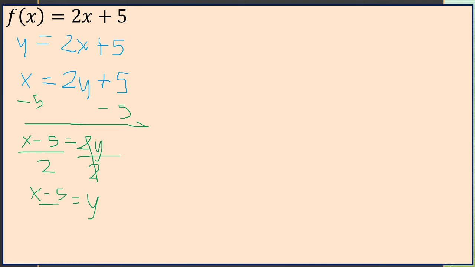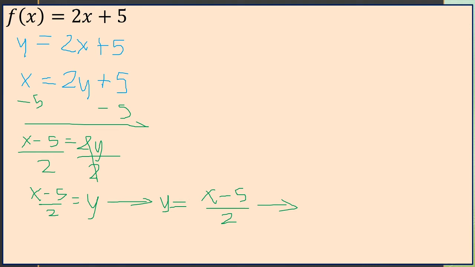Since hindi kagandahan tingnan yung ganitong result, kailangan natin i-apply yung symmetry property. So we have y is equal to x minus 5, ayusin lang natin, over 2. So therefore, the inverse of this f of x equals 2x plus 5, dapat yung final result natin is nakaganito po. Kailangan natin ipakita yung inverse.